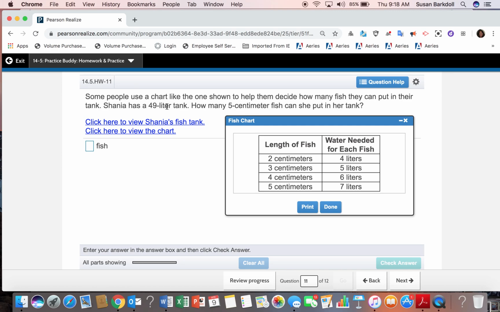You have to say, I have a 49-liter tank, and each fish at 5 centimeters uses 7. So you can do repeated subtraction and say 49, take away 7, take away 7, take away 7 until you get to 0. Or you can say 49 divided by 7 equals what? And our answer is 7.